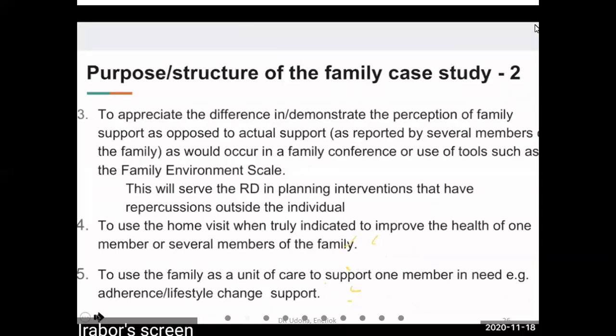There must be a true indication of such a home visit. And you should be able to use that to improve the health status of the family members as identified. And also use the family as a unit of care to support members. I've said that in adherence, in lifestyle changes, etc.